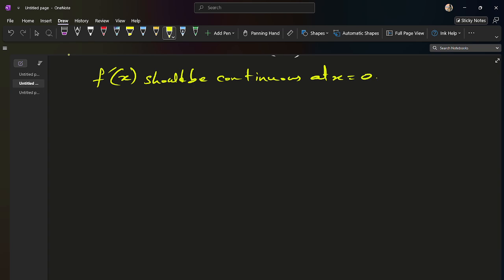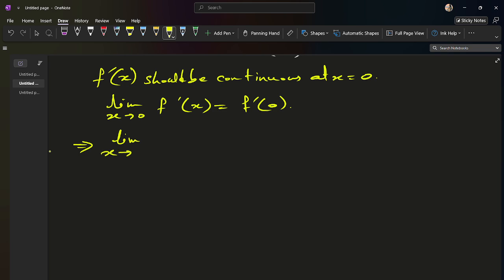So the limit as x tends to 0 of f dash x has to be f dash 0. Okay, so now let us put the value which we got for our f dash x.